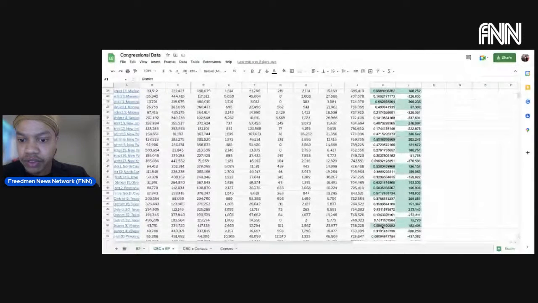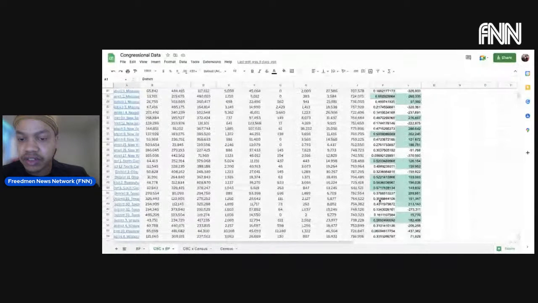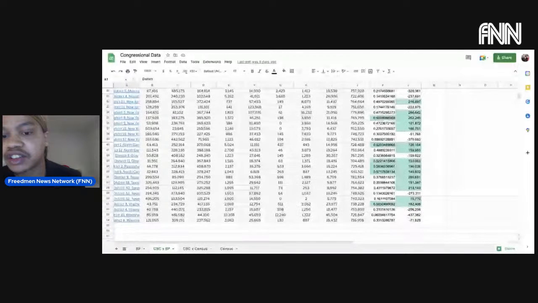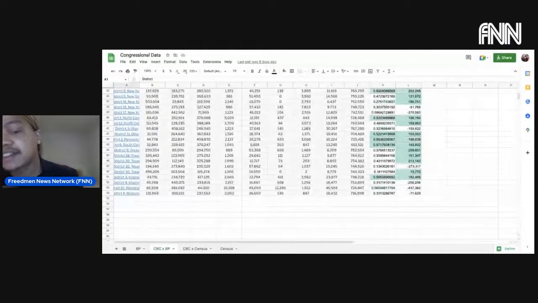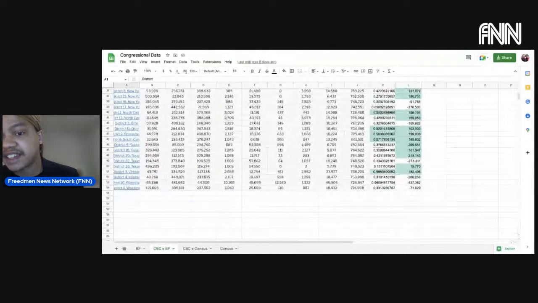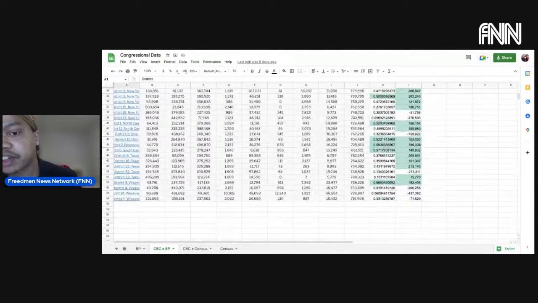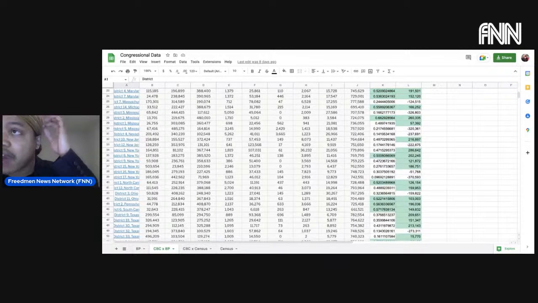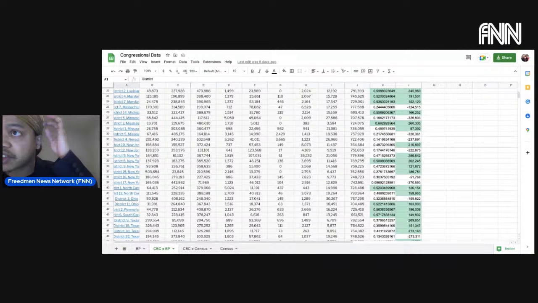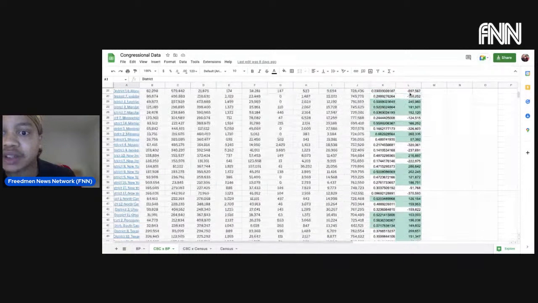The point of me showing this is to let you know that we can get elected into districts that have less than majority Black populations, as well as districts that have majority Black populations. There's about 22 out of the 60 seats that have more Blacks than whites in the districts. Those are all the green ones on this column.